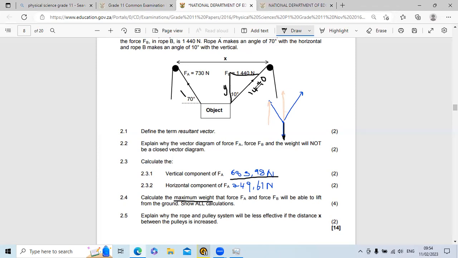So in order to find the adjacent side, you use cosine to find your y and sine to find your x.